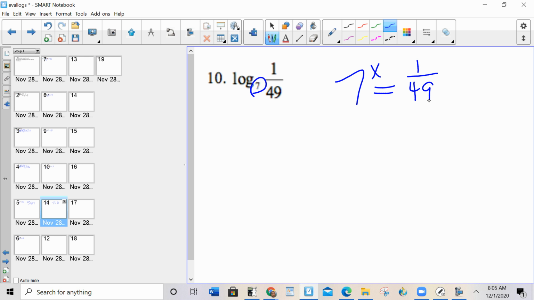So I know my answer is going to be negative, and then at that point, just ignore the fraction and just look at 49. 7 to what power is 49? 2. So the answer is negative 2. If you see a fraction, that just means you're raising to a negative power, so the negative deals with the fraction, and then ignore the fraction to determine what the actual number is.